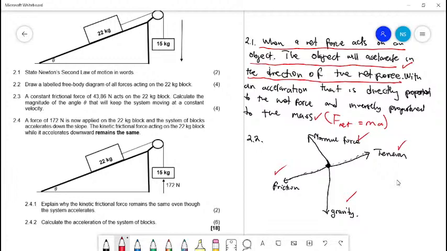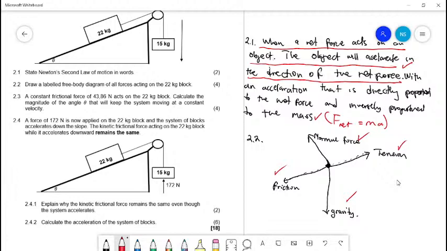When you start doing your calculations, I can also advise you to draw the free body diagram of the other object on your rough sheet, because you don't know if you'll need that to be able to answer the question. One of the things that I always do is to have all my free body diagrams.